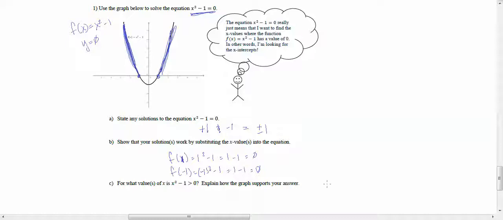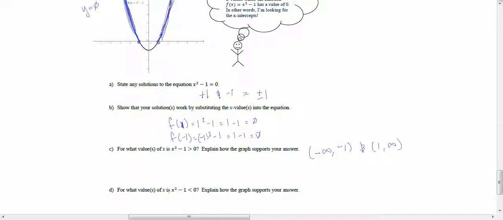If you're asking me what x values give me a positive y value, I would say any number between negative infinity and negative 1, and, using interval notation here, 1 all the way through infinity. All the x values between negative infinity and negative 1, and all the x values between 1 and infinity.